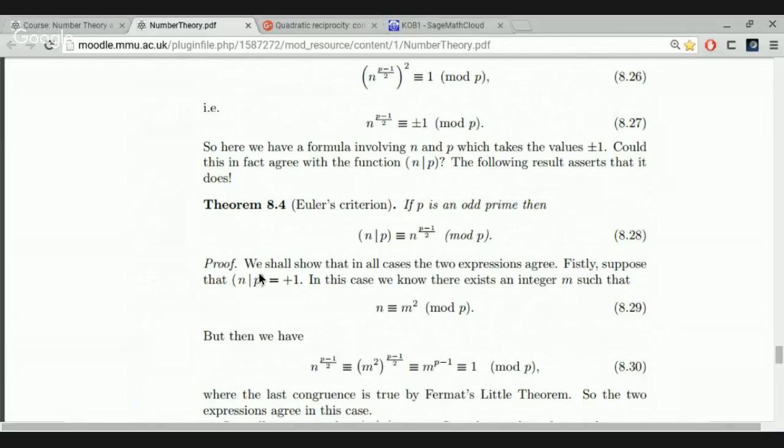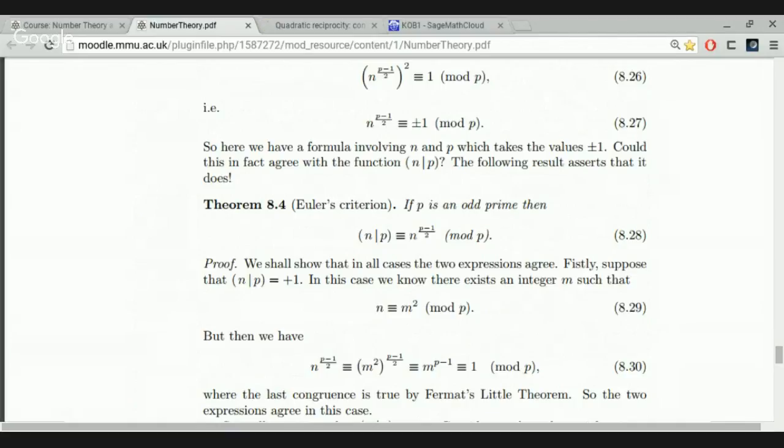And the exponent is really nice. The exponent is half the size of the group. The multiplicative group of congruence classes modulo p has size p-1. There are p-1 elements in it. And we raise n to that power, and that gives us ±1. And it's the same ±1 as the Legendre symbol.